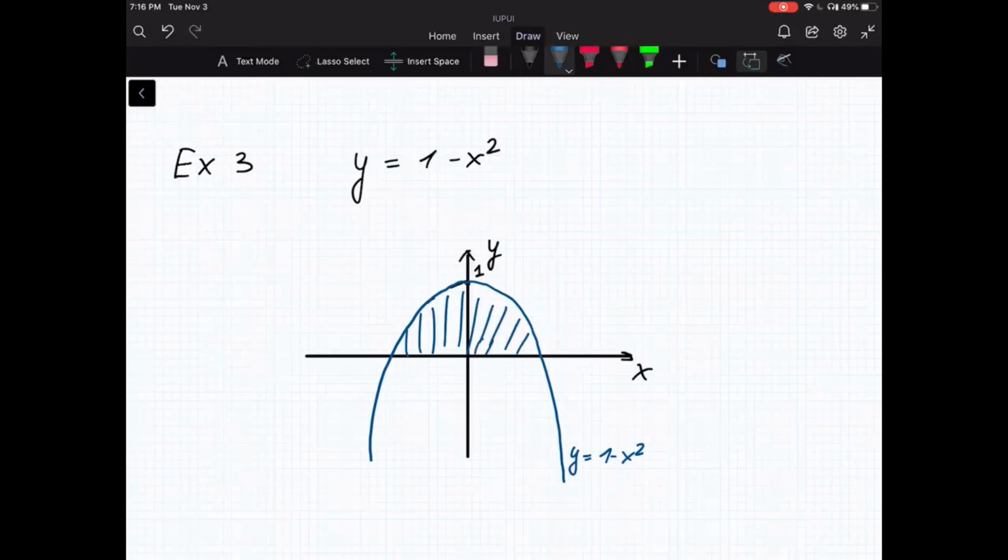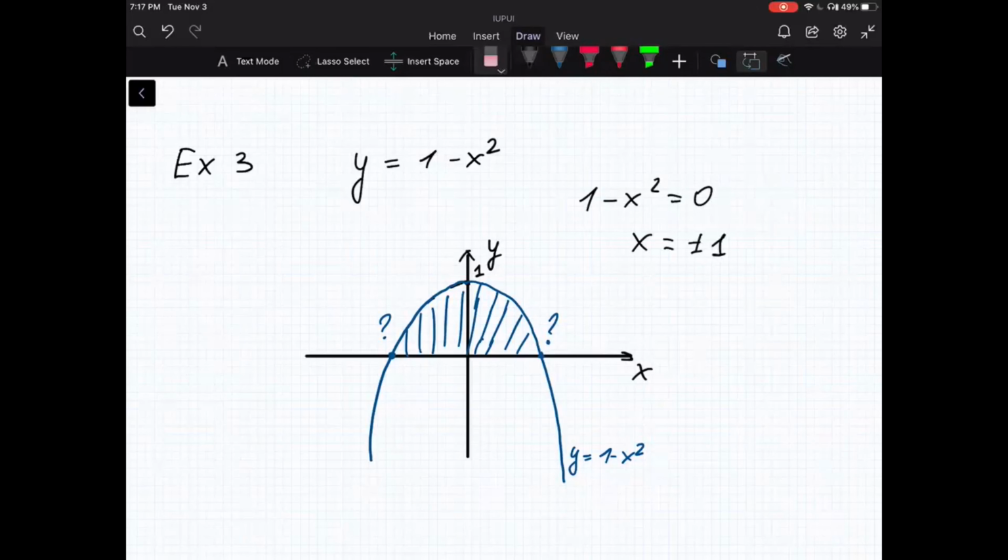And in order to find this area, I need to find the limits. So in other words, I need to find this point and this point. In other words, I need to find intercepts, and so I need to solve the following equation: 1 minus x squared is equal to 0, and thus x is equal to plus minus 1.